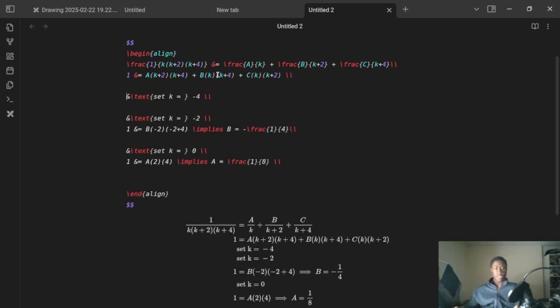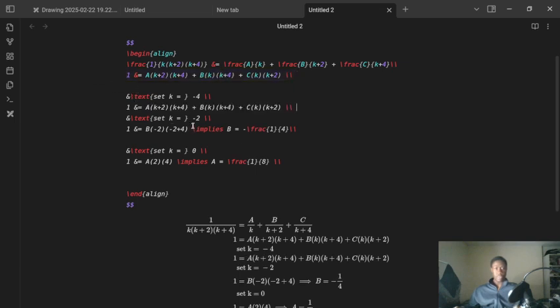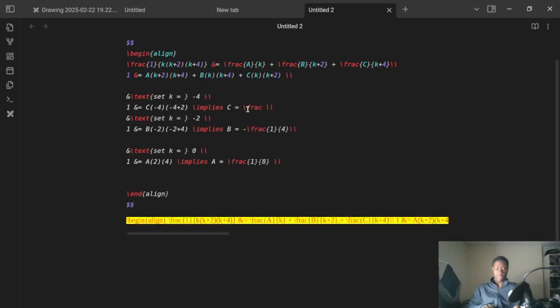This term will be cancelled when we set it to -4, this term will be cancelled, and so what's left is C. We have -4 here and -4 here, so we're going to have -2 times -4, which is 8, and this implies that C is equal to 1/8 as well.